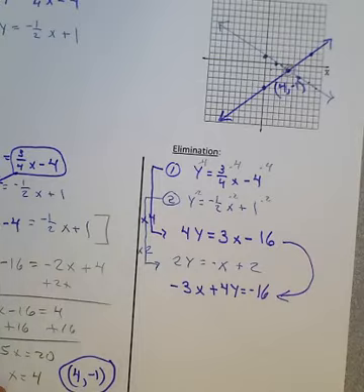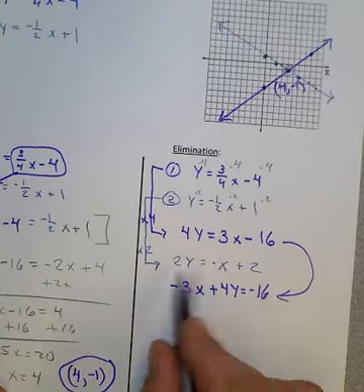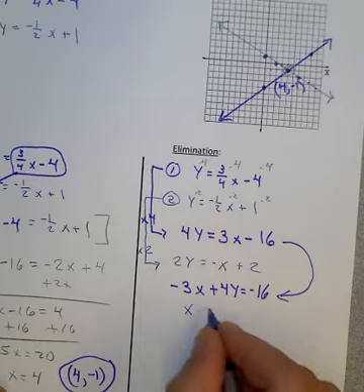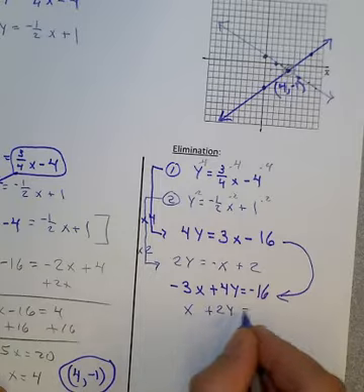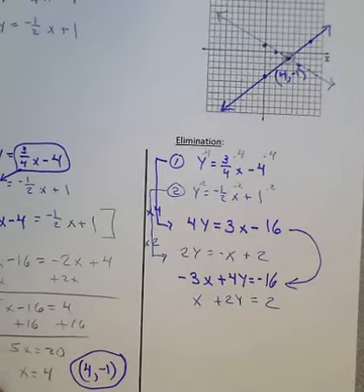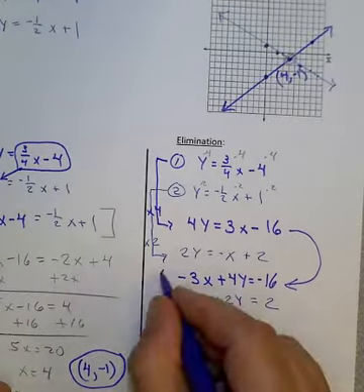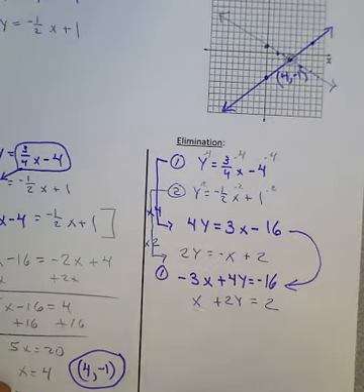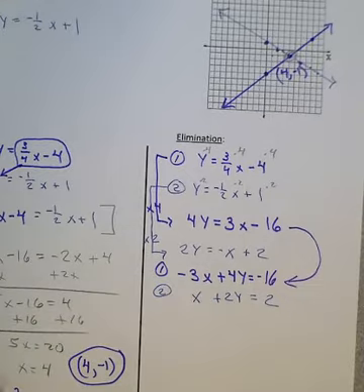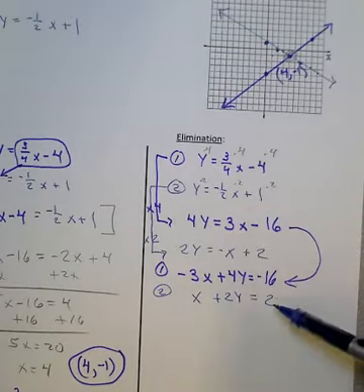And in the blue equation, when I add x to both sides, I get x plus 2y equals 2. So this is equation 1 in standard form, and equation number 2 in standard form. Now, to be perfectly honest, you don't have to have them in standard form. But again, that will help us later on, so we might as well do that.